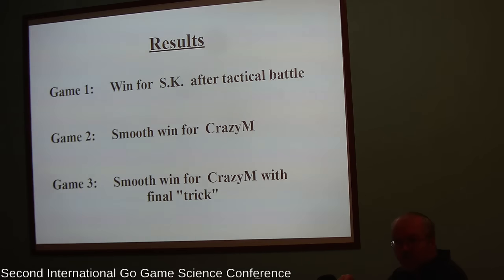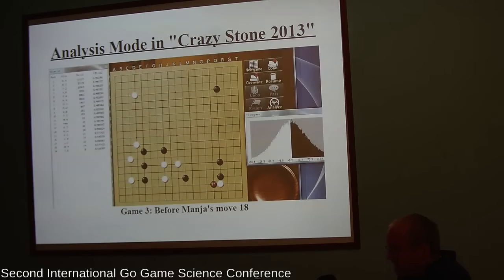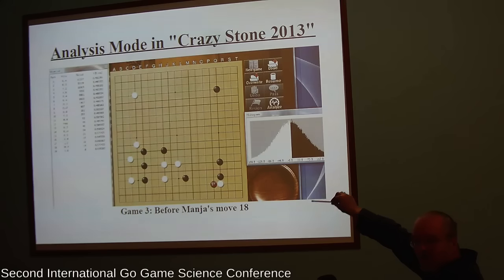So first of all, she had to learn how to make use of the computer information. Second game, she had learned 1 week later, and had a smooth win. And game 3 was another smooth win for Crazy Manja with a special trick at the end. I will show you what this was. So in this position it was Manja's move, and she looked at that screen.